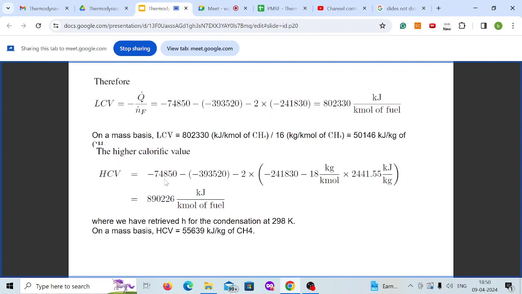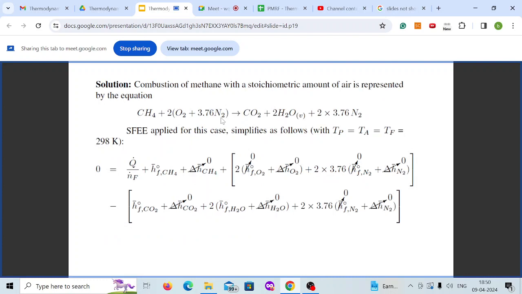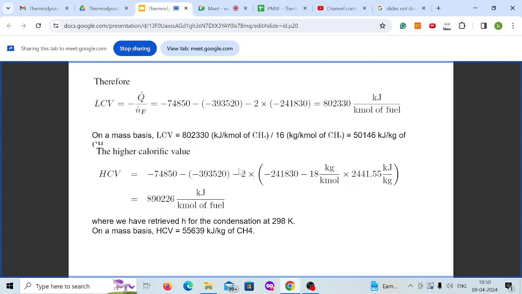Similarly for fuel, then carbon dioxide and then water vapor, you take minus 2, 2 into the formation of water, minus 18, which is the molecular weight, into the latent heat at 298 Kelvin, so 2441.55. If you substitute that, you get the higher calorific value as 890226 kilojoule per kilomole of fuel. And similarly, if you divide it by molecular weight, you get it in terms of kgs, so 55639 kilojoule per kg of methane.